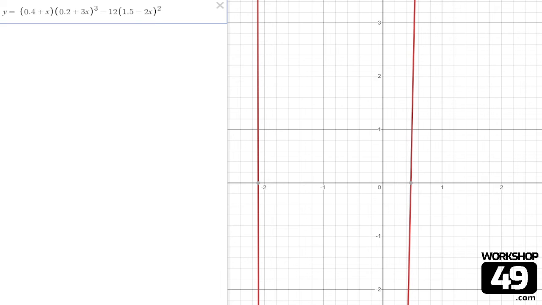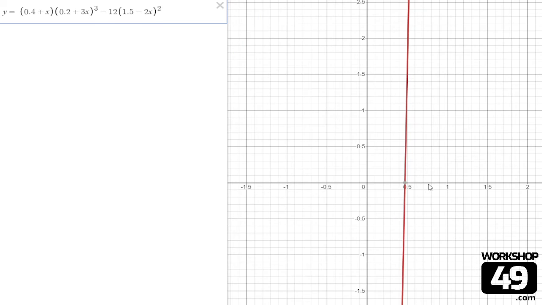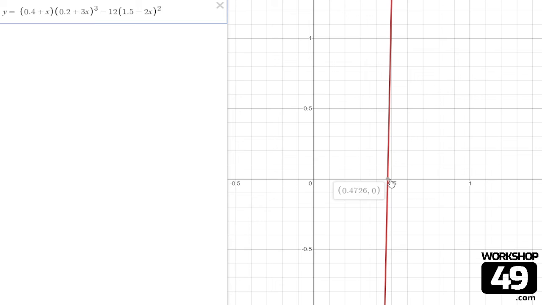And now we need to find the x-intercepts. We know it has to be a positive answer. It can't be negative, which means it has to be this x-intercept right here, which is 0.4726.